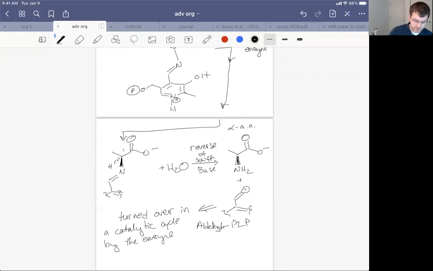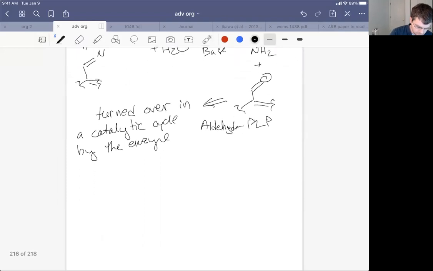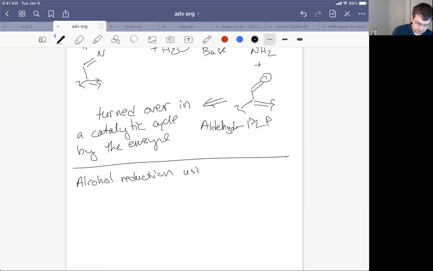Schiff bases are sort of everywhere in biochemistry. Okay, what I want to talk about now is alcohol reduction using nicotinamide cofactors.